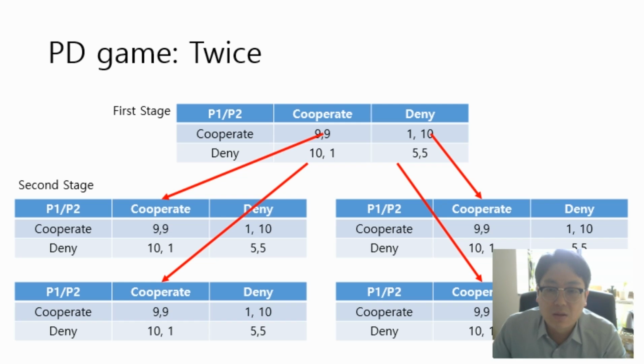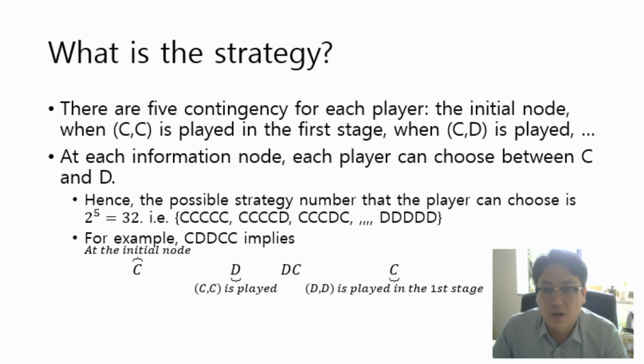So in each information set, each player should express what kind of strategy they will play. That is a strategy. So a strategy should be constructed in this sense: CCCCC, CCCCD, CCCDC, something like that.